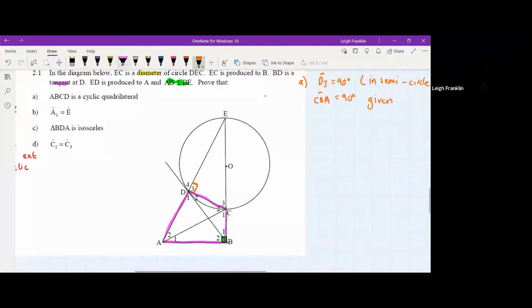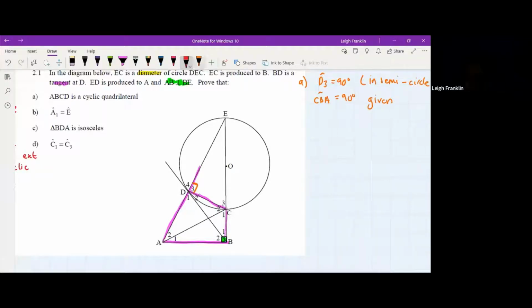All right, so can you see here that line AD is extended past this right angle? Because one of the sides of the quad that we're trying to prove is cyclic has been extended, we now have an exterior angle that is equal to the opposite interior angle, and that proves that this quad is cyclic. Okay, so again, we've proved these two angles are equal.